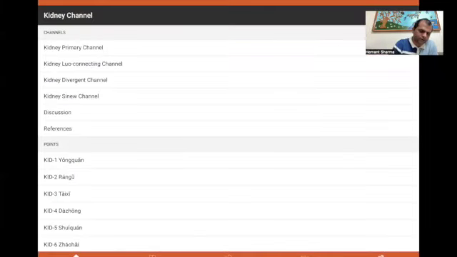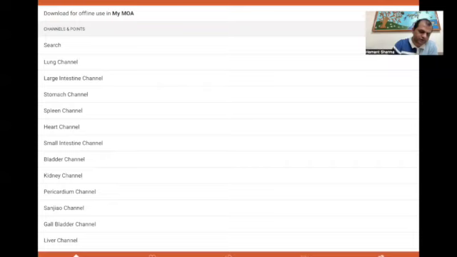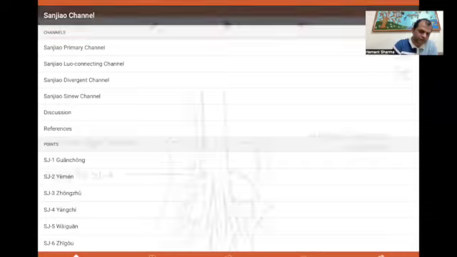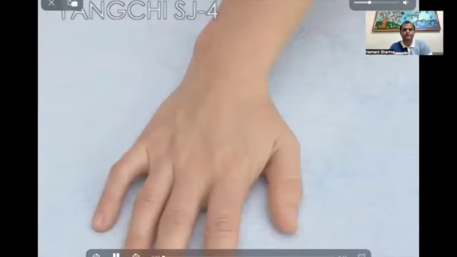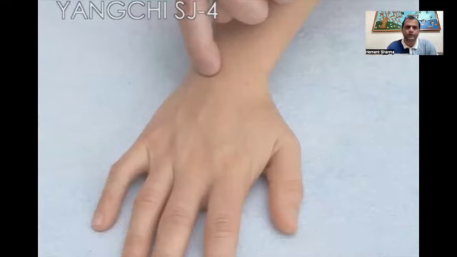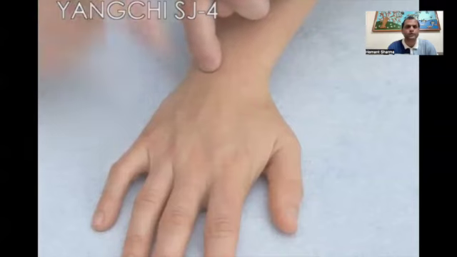So we are going to read where? In the triple Warmer meridian, which is also called Sanjiao. Look at here. This is the location, the midpoint of the dorsal wrist crease, triple Warmer 4 or Sanjiao 4.